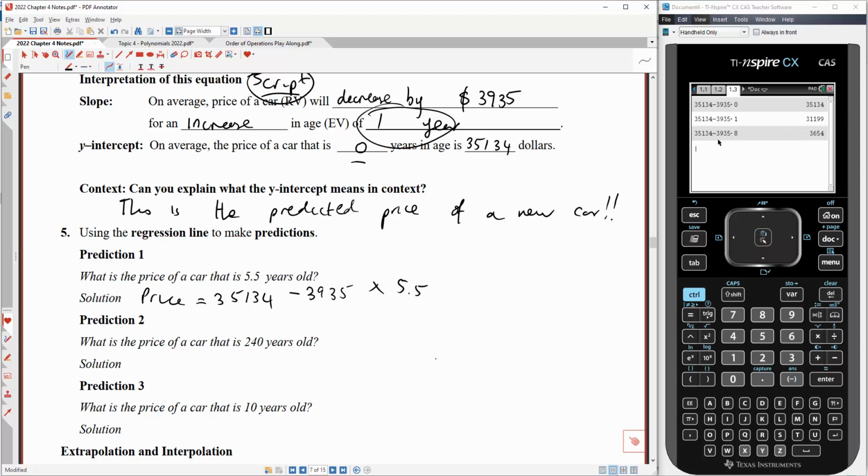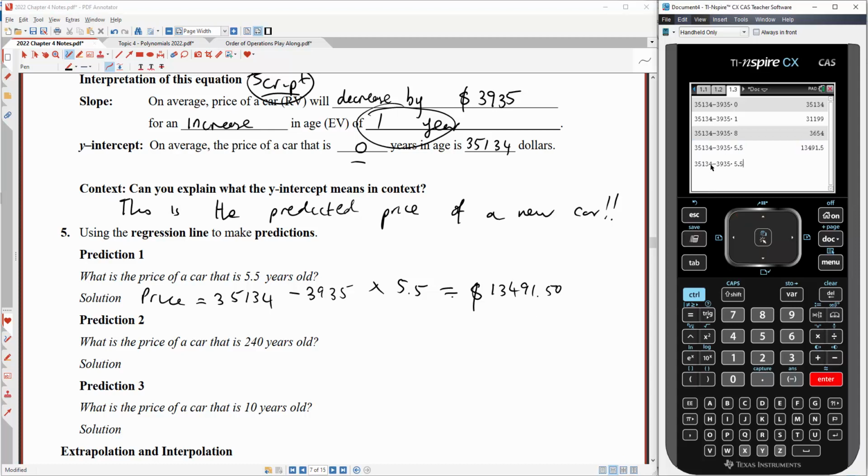We've already got this in the calculator from when we plotted the lines, so we just change that to 5.5. So the price is equal to $13,491.50.